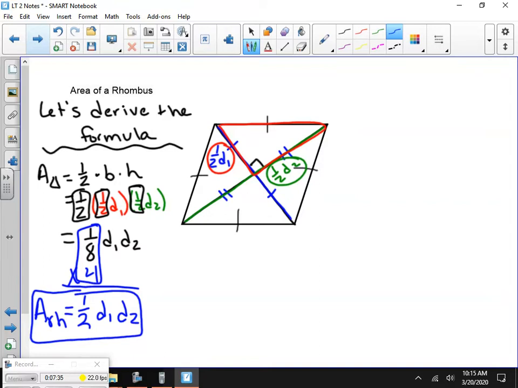All right, for your design, to make your life easier, because you have to find the areas of your rhombus, and to find the area we use diagonal lengths, you're going to want to start there. You're going to start by picking realistic diagonal lengths.